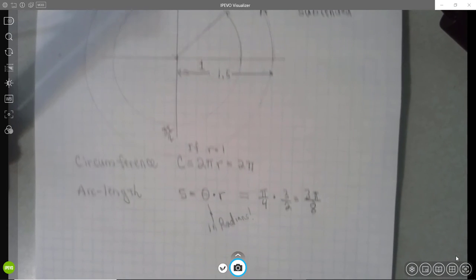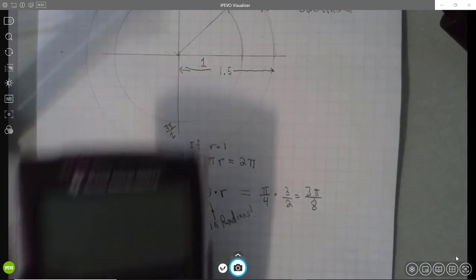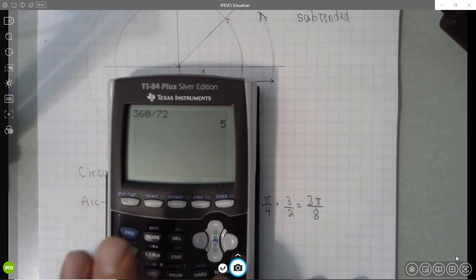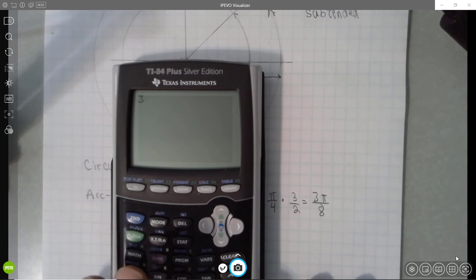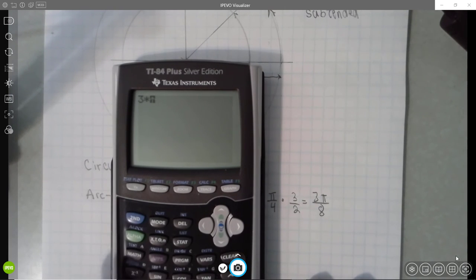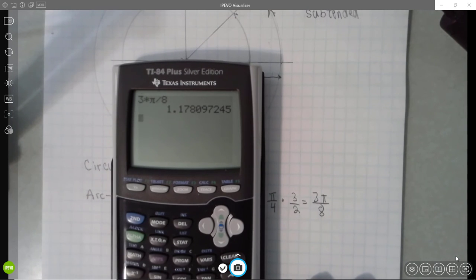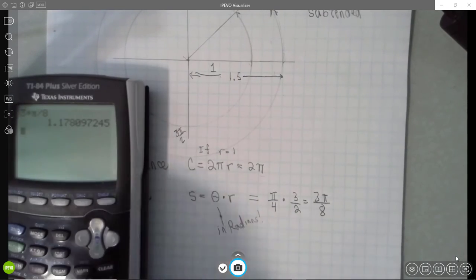Now, last of all, let me mention that you don't have to leave the pi like this. Of course, we all know that pi has a decimal approximation. So instead of saying that it's 3 pi over 8, which is an exact value, we could also say that it is this value. We take 3 times pi divided by 8 on our calculator, and we get about 1.1781 if we were to round off.